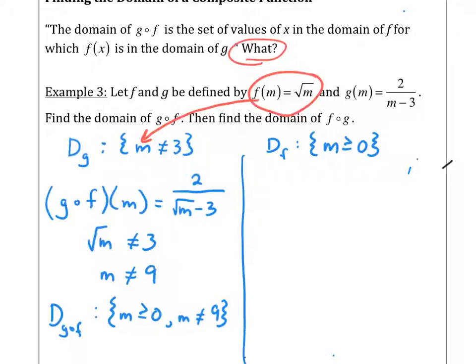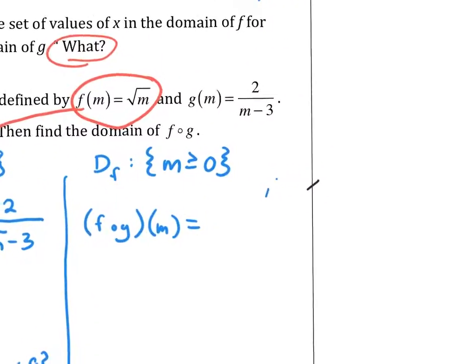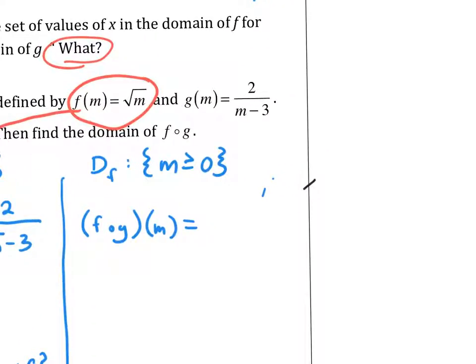So let's walk through it going the other way. So what is f with g of m? Well, in this case, I'm now going to take this fraction and embed it into there. So now we say the square root of 2 over m minus 3.